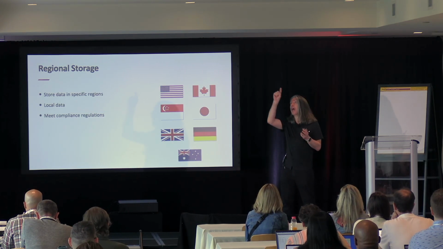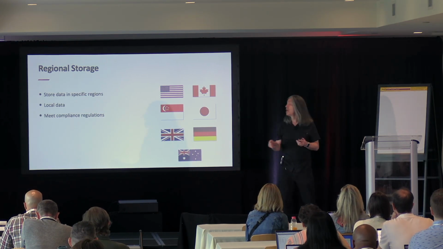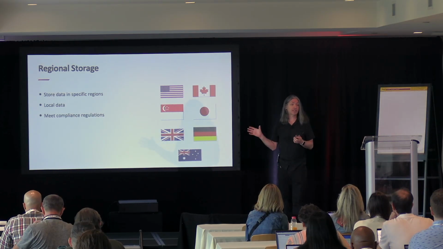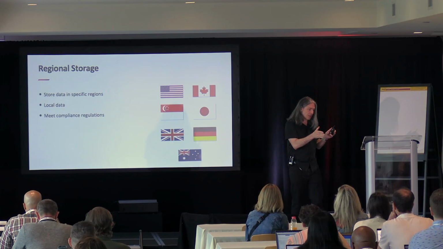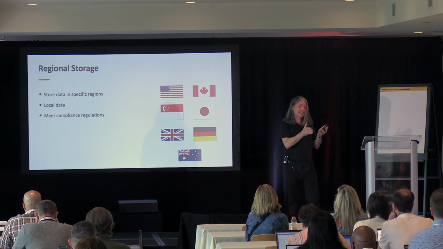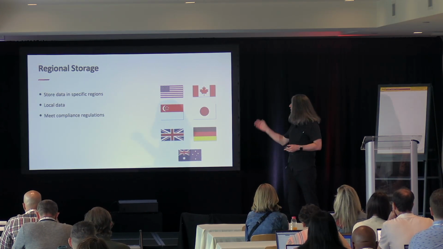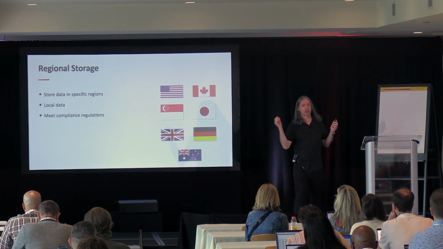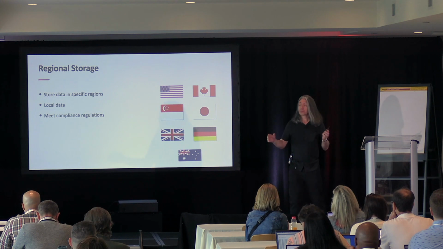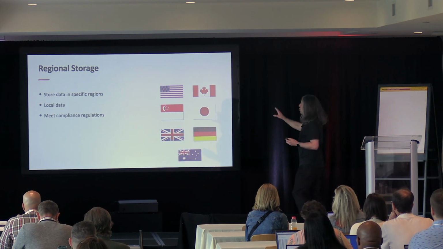No data will ever touch the US or anywhere else. And we have those settings as well. So you can specify, for my business, I want my data to be in this region, and therefore you can ensure that your data stays there, whether it's the US, Canada, Japan, Singapore, the UK, Germany, Australia, it's all available to you. So flexibility about where you store your data.